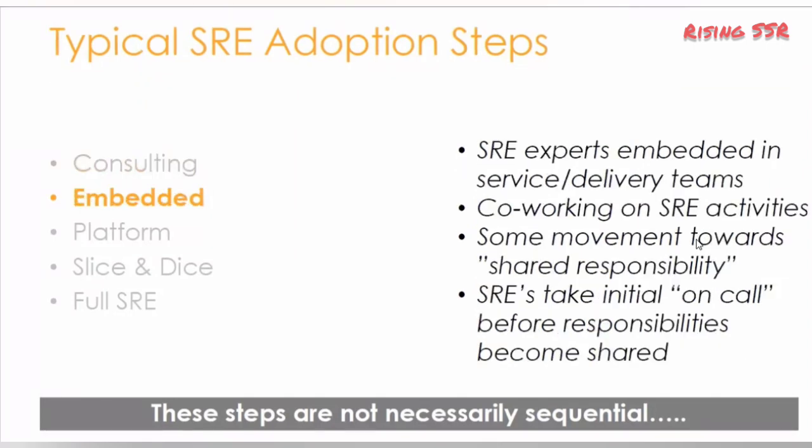After embedded, the next one is SRE adoption at a platform level. In this model, the SRE team takes care of the underlying platform, whether it is cloud or on-prem, that does not matter.